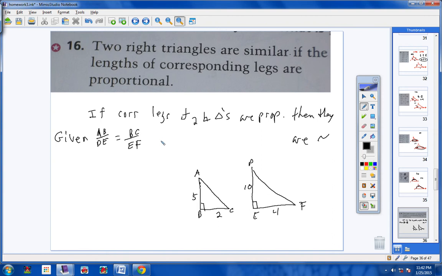And you're also given that triangles ABC and DEF are what kind of triangles? Right triangles. Okay? Now that's what you're given. You're given two right triangles. And you're given the fact that the sides are proportional. So you're going to prove that triangle ABC is similar to triangle DEF.